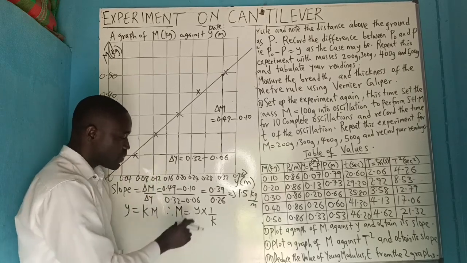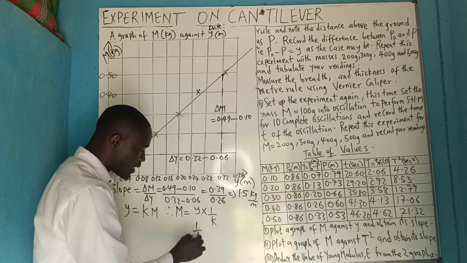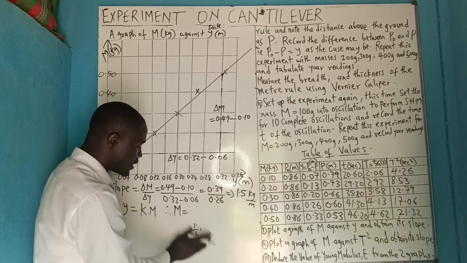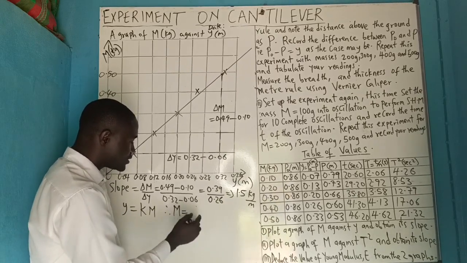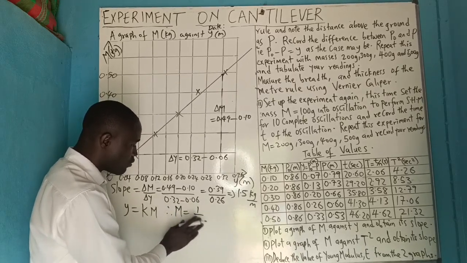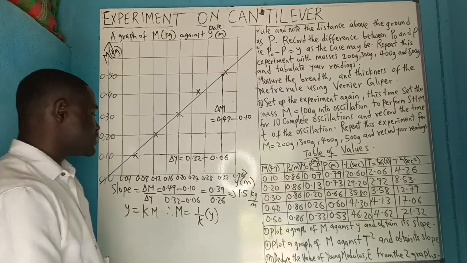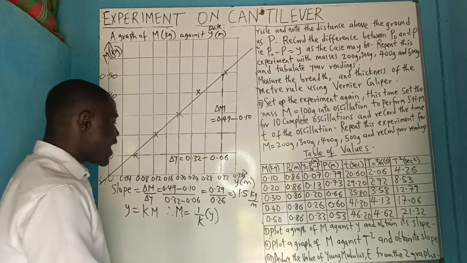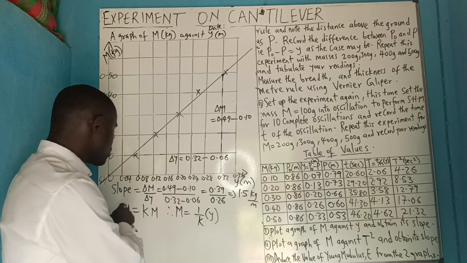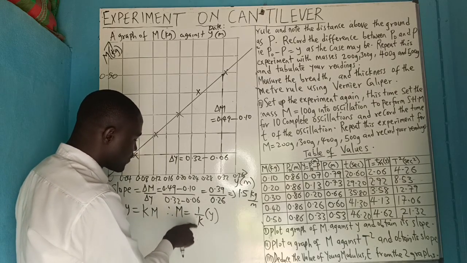Y times 1 over K simply means 1 over K bracket Y. And so we have to clean everything and package it well. Are you getting it? Whatever is your slope will be inverse of K.